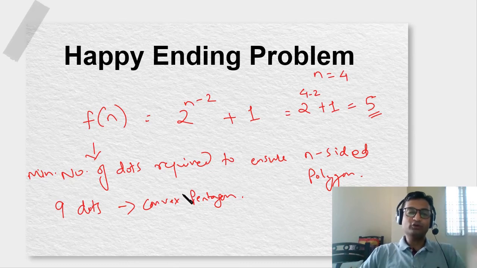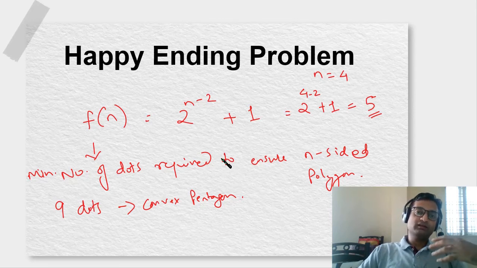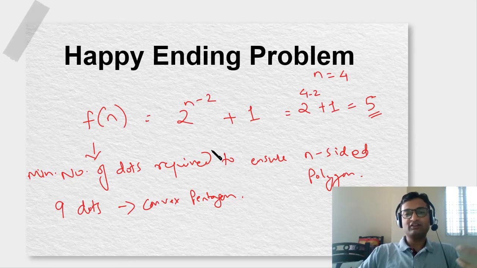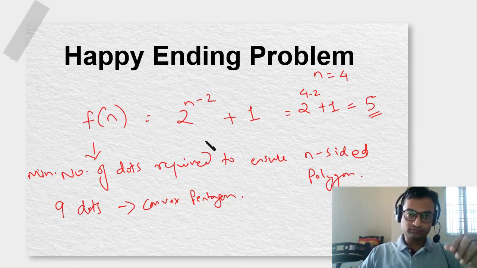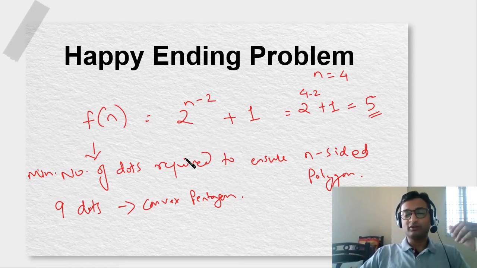Although this formula works for our polygons, it's still not proved yet. The theory is still a conjecture, not a theorem. A conjecture means something which follows the rule, but is still not mathematically proved yet.